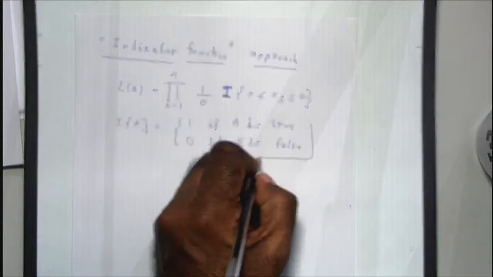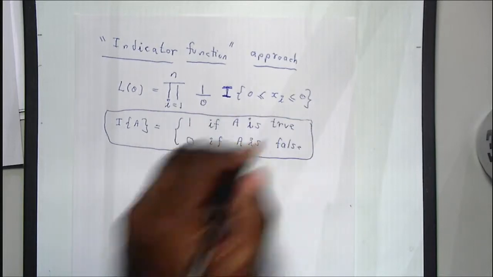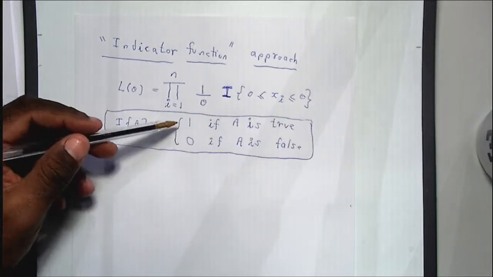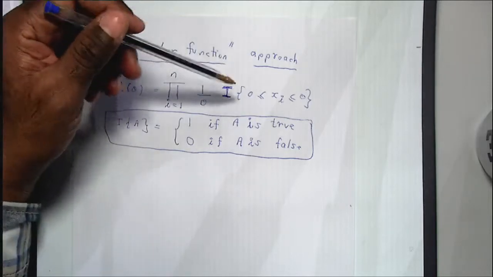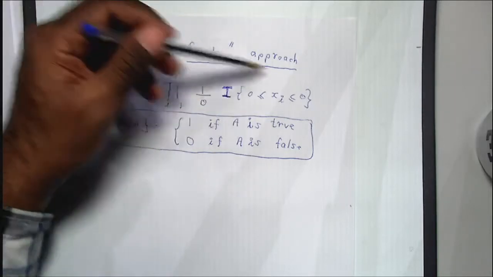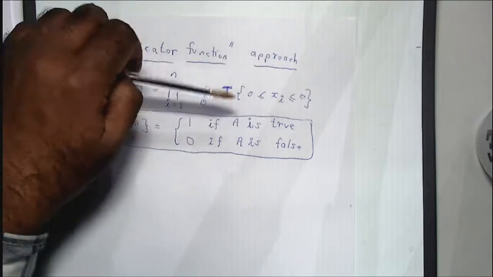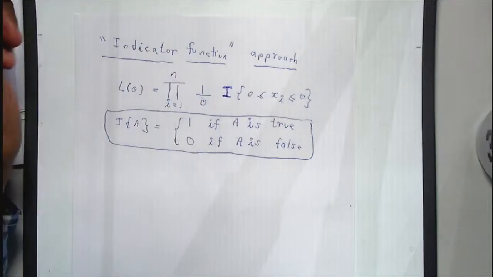And this is the definition of the indicator function, right? It takes the value 1 if A is true and 0 otherwise. So what it means in this context is that this is equal to 1 if xi is between 0 and theta, and is equal to 0 otherwise.